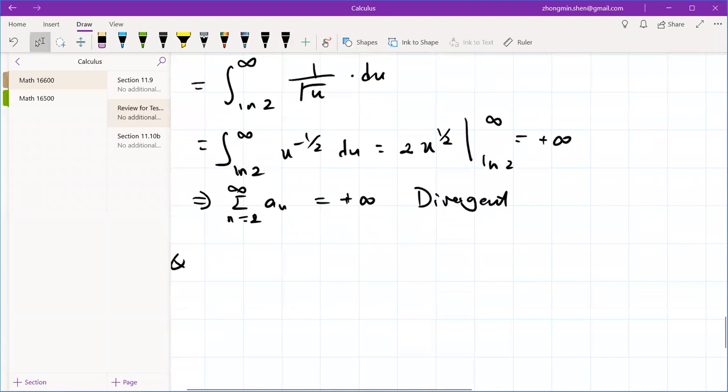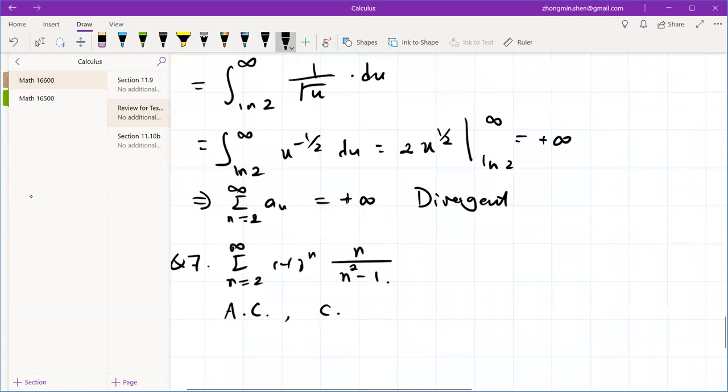So there is a question that asks you whether it's absolutely convergent, conditionally convergent, or divergent. So you have a series. Yes, this is n. So my question is, absolutely convergent, conditionally convergent, or divergent?